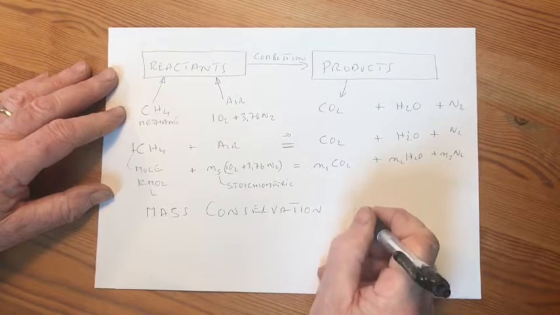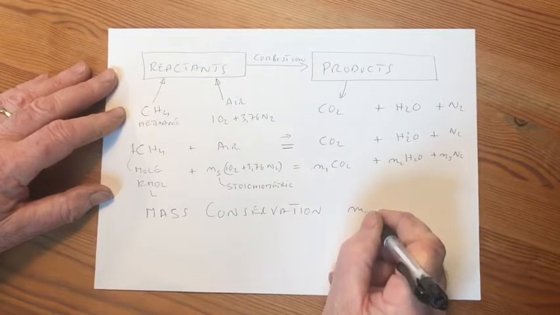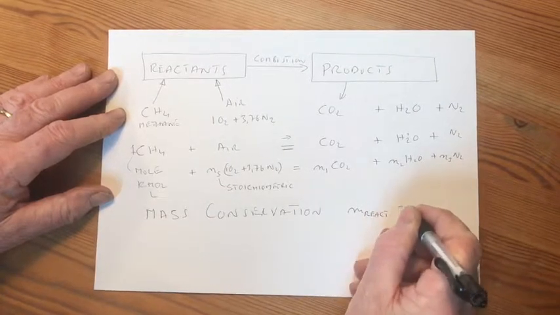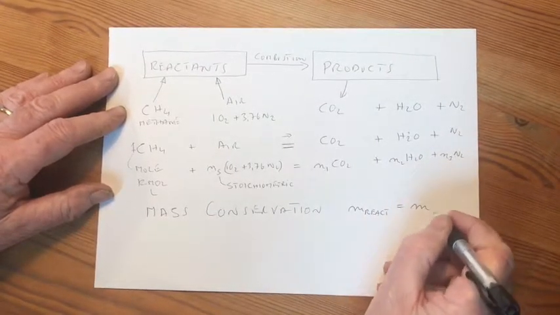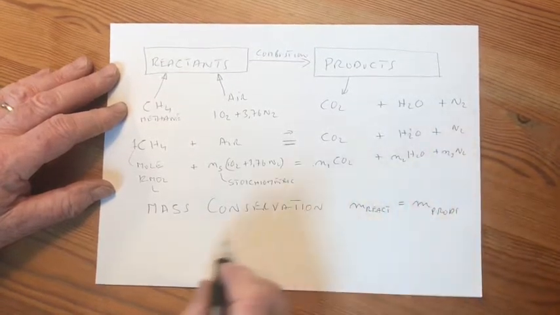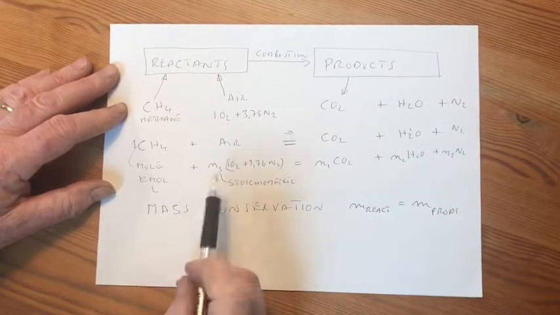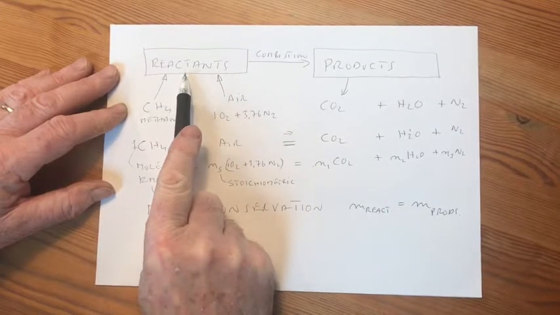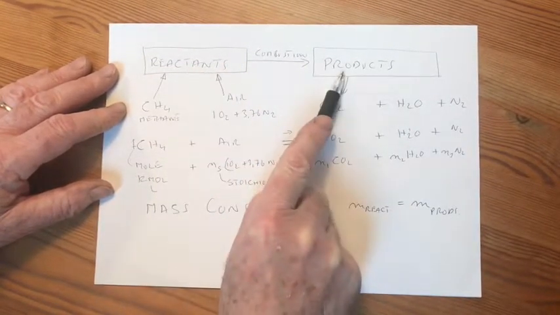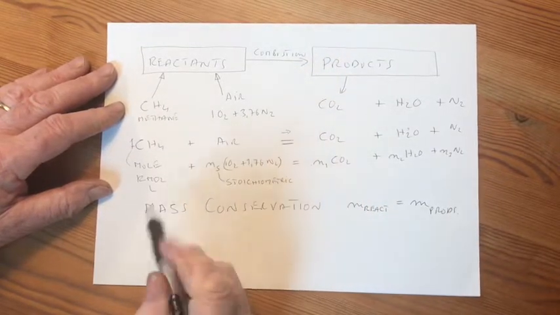So it simply means that we can write that M reactants is equal to M products. That's simply all. So in other words, we start out with a certain number of kilos here, and then we will end up with exactly the number of kilos over here in the products.